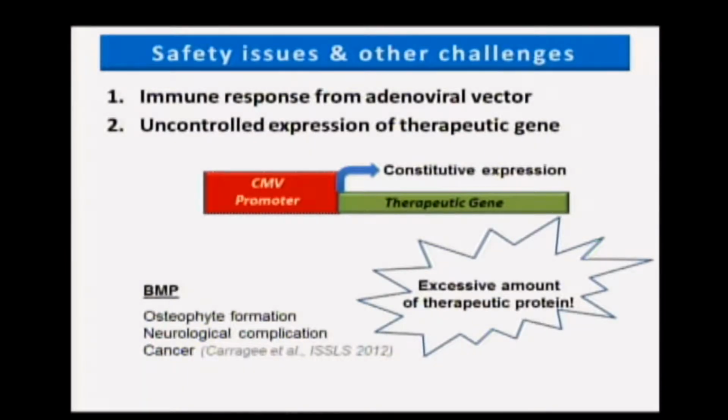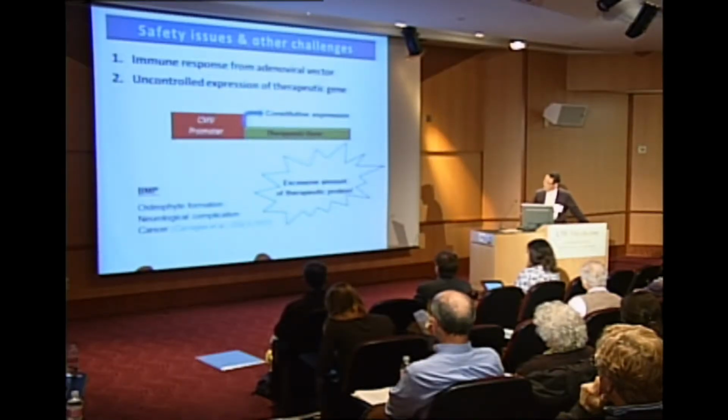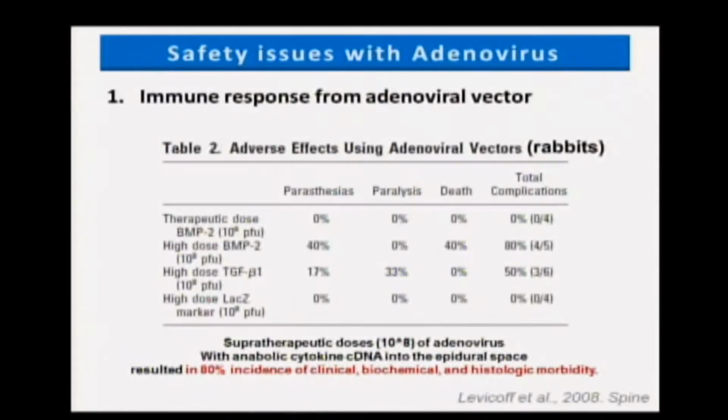As I was investigating this, I realized how potent BMP can be. It exists in picogram quantities in the body, but when you're delivering milligram doses into the body, some things could potentially happen. When we started injecting these rabbits in the epidural space, bizarre things started happening.